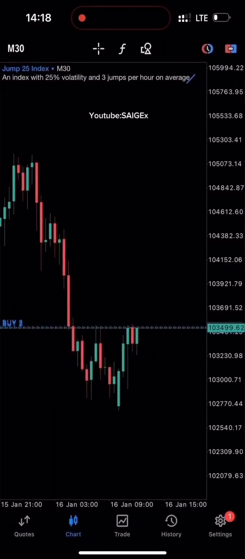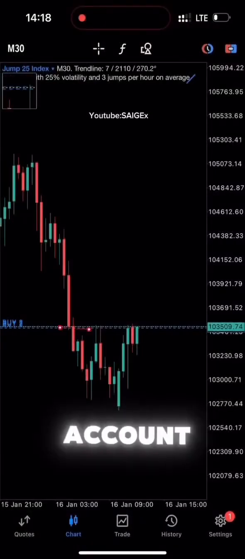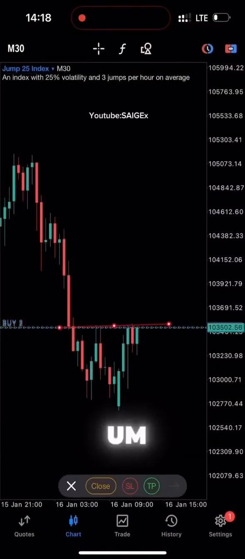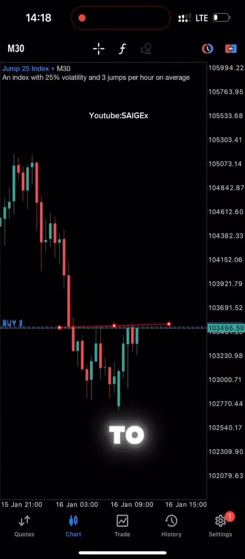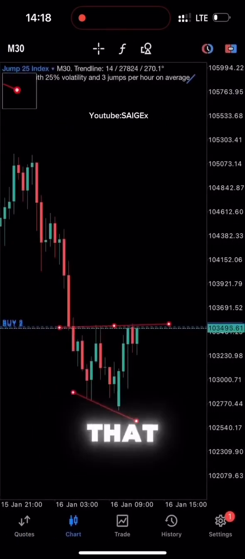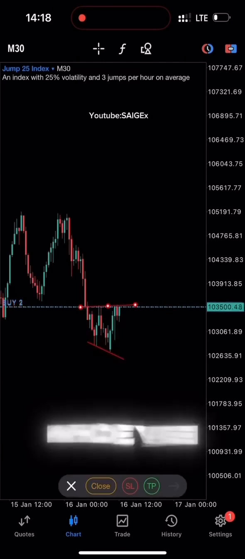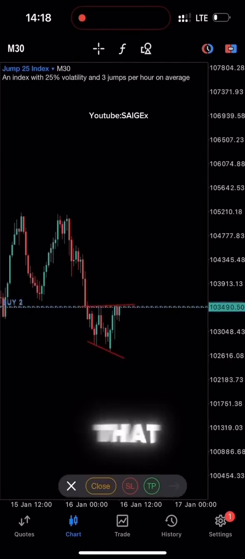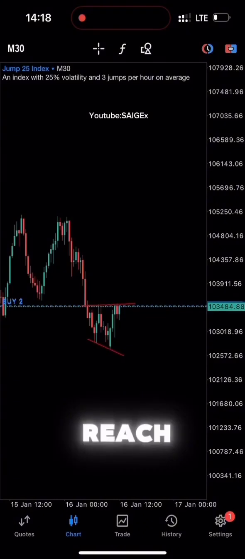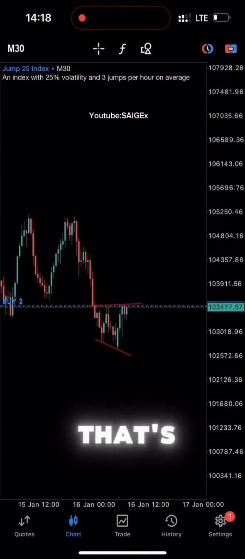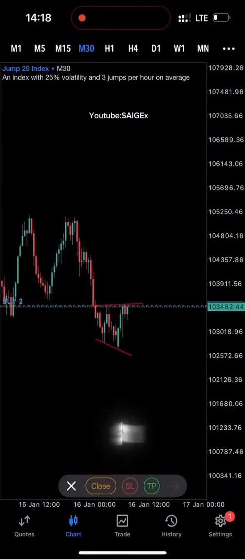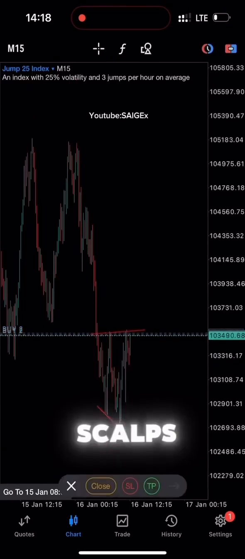So with our account that it's a bit big, we have to put even bigger positions. That is if you want a lot of returns. Okay, whoever said that you need 8 scalps to reach 1 million, I think that's a liar. You mean from $11 you need 8 scalps?